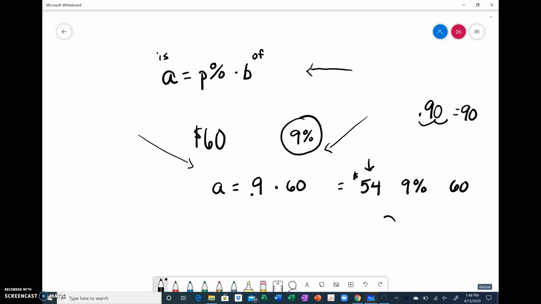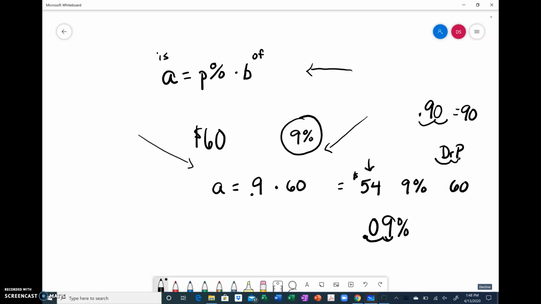To change 9% to a decimal, I have to move it 2 places. It is a percent, so let me remind you of Dr. Pepper. So the decimal point is here. I'm going 2 places back to the left, okay?